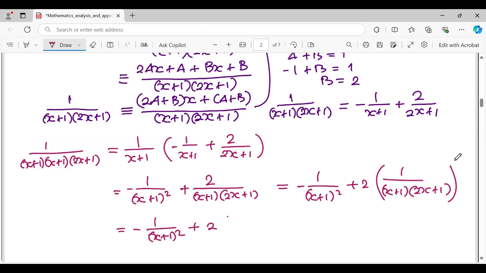So I'm going to change this part with this part. So it's going to be 2 times minus 1 over x plus 1 plus 2 over 2x plus 1, like this.